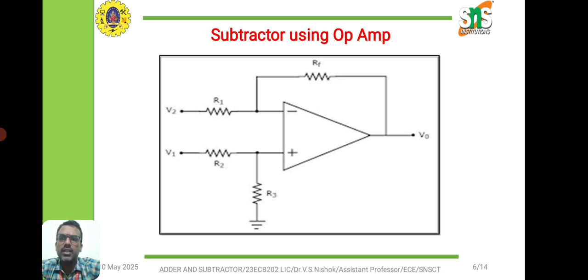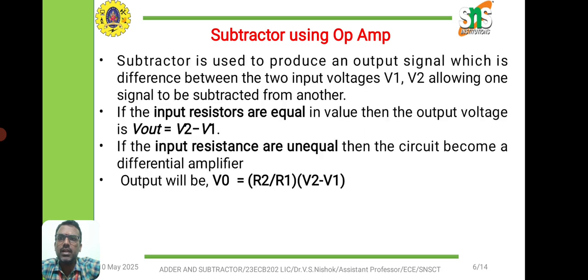V1 is connected to the non-inverting terminal along with the resistor R2, and V2 is connected to the inverting terminal with the resistor R1. The subtractor is used to produce an output signal which is the difference between the two input voltages V1 and V2, allowing one signal to be subtracted from another. The higher one has the remaining value subtracted from it, producing the output.